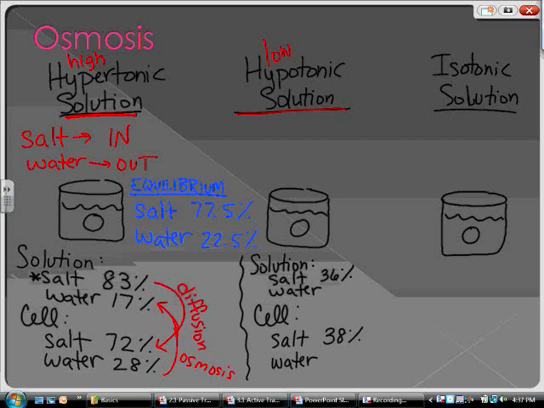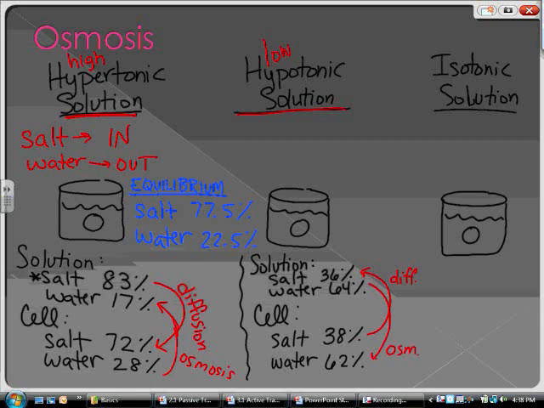The other portion of 100% should still be water. So this is going to be 64% water, and in this case, it's going to be 62% water. We're still going to have movement. Salt is still moving high to low by diffusion. Water is moving high to low by osmosis.